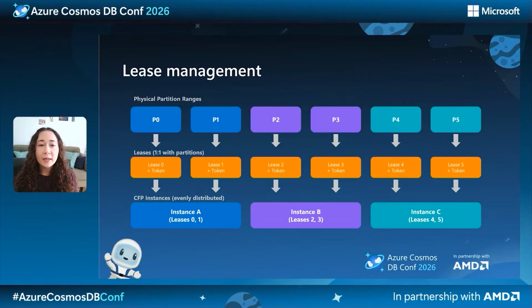However, if you have more instances than the number of physical partitions, you would have idle instances that aren't able to do any work. The change feed processor automatically rebalances leases across these instances to ensure the maximum efficiency of your processor. Let's say one of your instances goes down, the leases that are owned by that instance will automatically be rebalanced across all of the other healthy options.